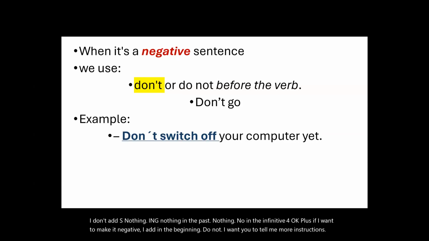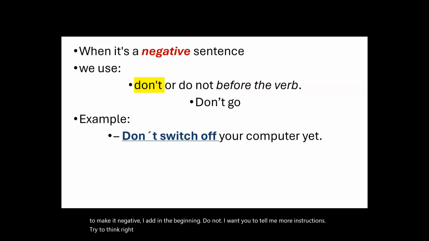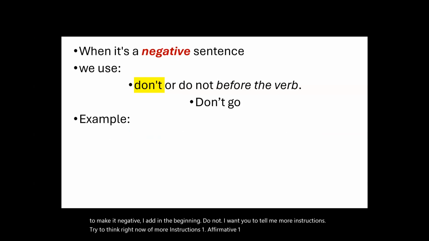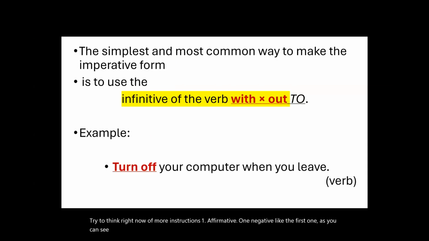I want you to tell me more instructions. Try to think right now of more instructions, one affirmative, one negative. Like the first one, I said turn off your computer when you leave. What else can we say?